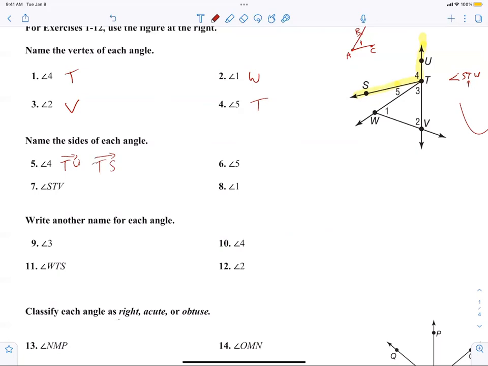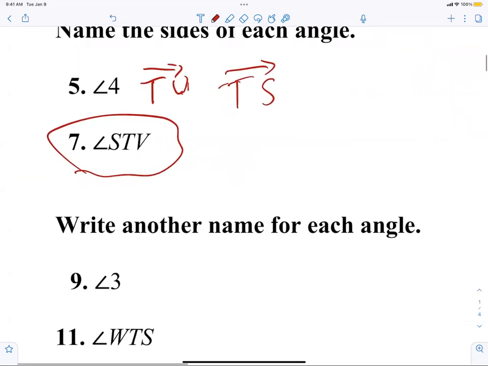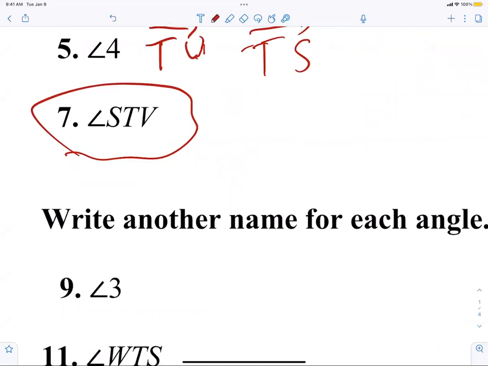All right, so now you can tell me angle 5 is made up of what? TS and TW. All right, now for number 7, we can just say without even looking at it. This is something a lot of kids make a mistake on. Without even looking at the picture, what are the two rays? TS and TV, right? Because we know that T is the what?